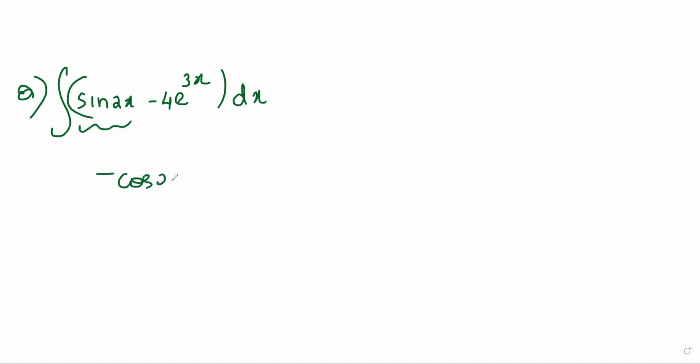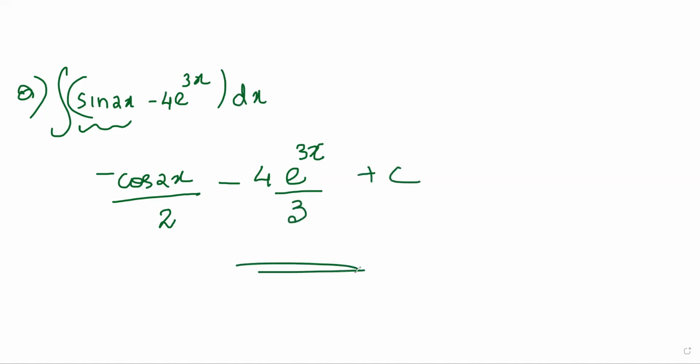Minus cos 2x divided by 2. Minus 4, what is the integration of e raised to 3x? That is e raised to 3x divided by the derivative of 3x, that is 3, plus c.